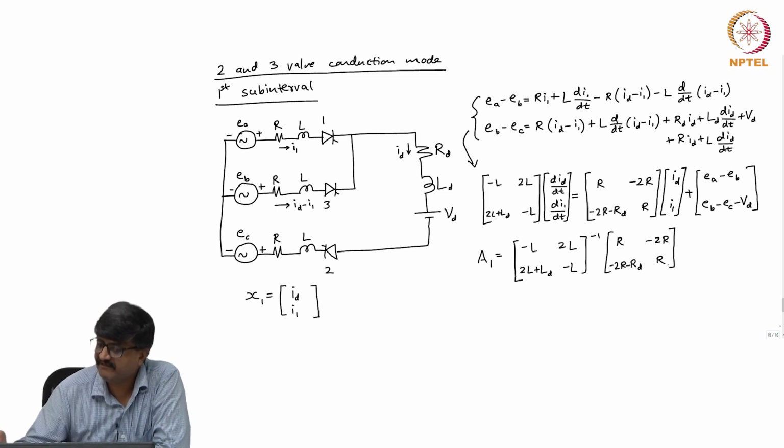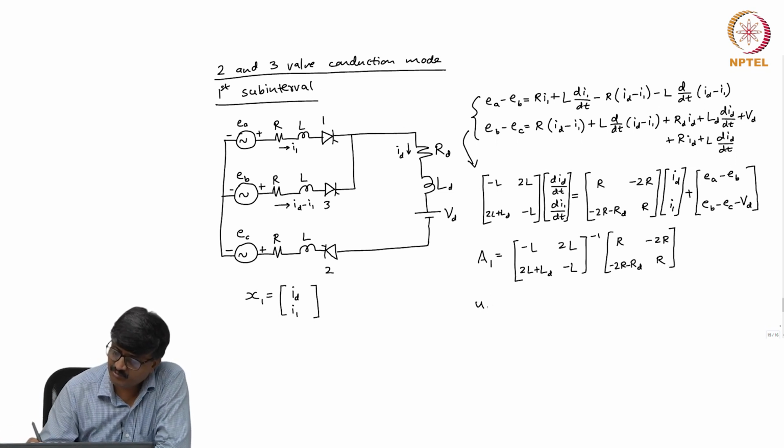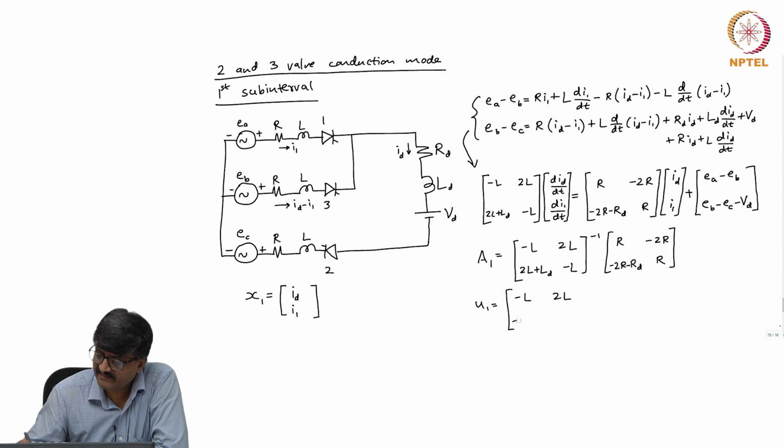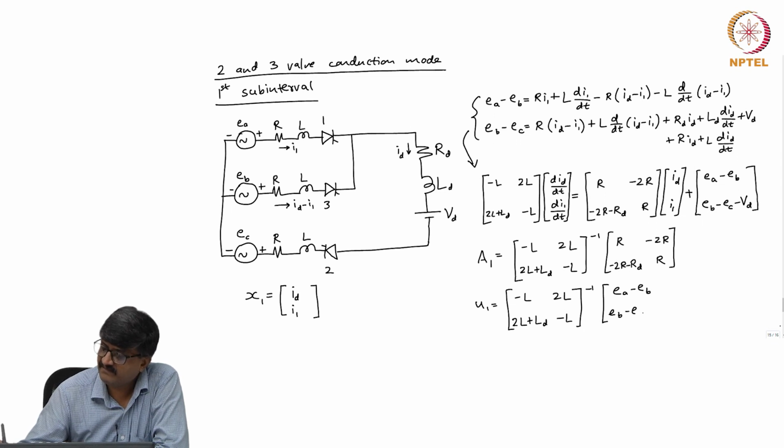And U1 is the inverse of the matrix [minus L, 2L; 2L plus LD, minus L] times the vector [EA minus EB; EB minus EC minus VD].